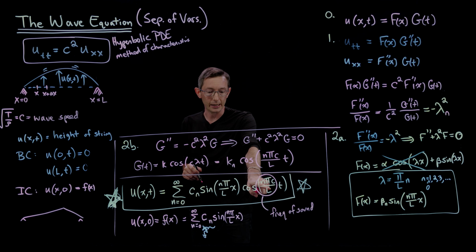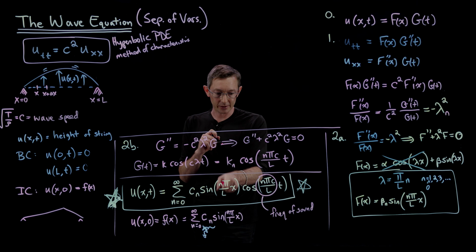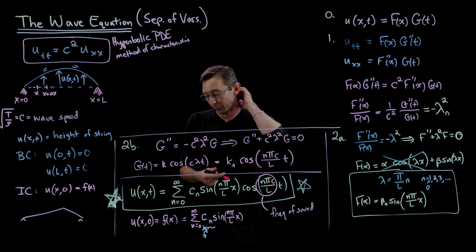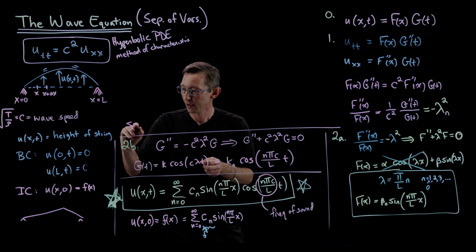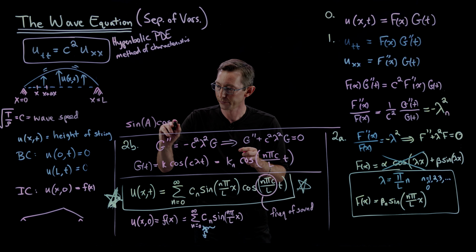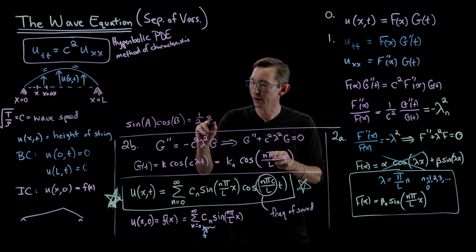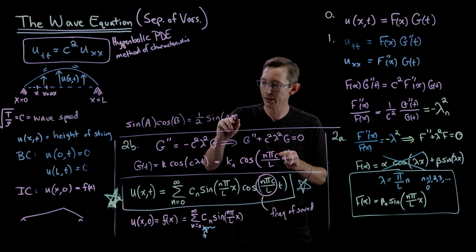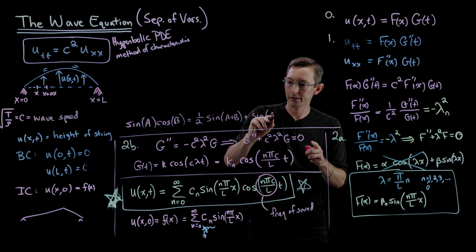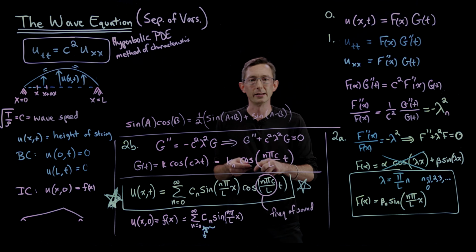But what I want to show you is that when you have sine of something times cosine of something, you can use a really, really simple trig identity, which is sine of A times cos of B equals 1/2 sine of A plus B plus sine of A minus B. This is just a trigonometric identity. You can verify this yourself.